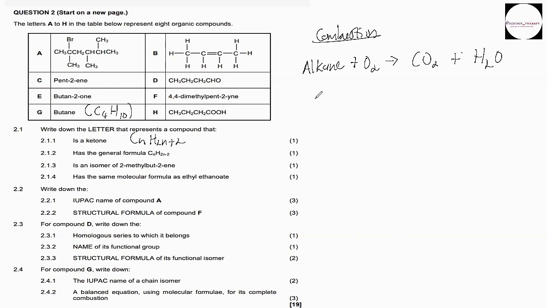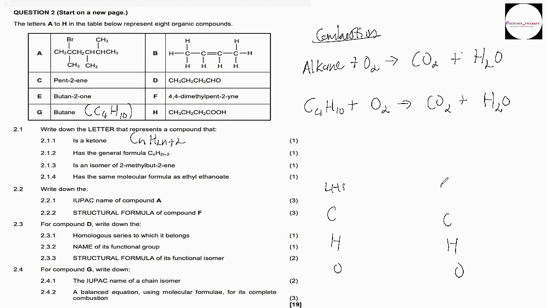So now let's do it here, C4H10 reacting with O2 to give us CO2 and water. I'm trying to leave spaces here so that I can balance. Now we know for the balancing, we use the Chor method on the left-hand side and the Chor method on the right-hand side.